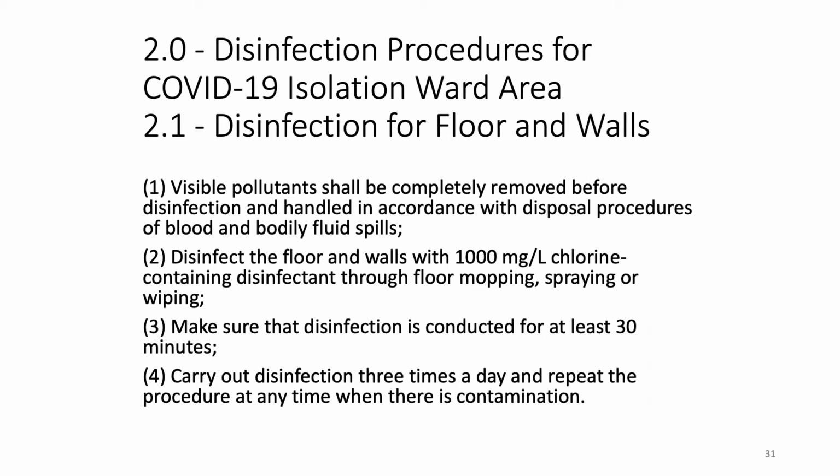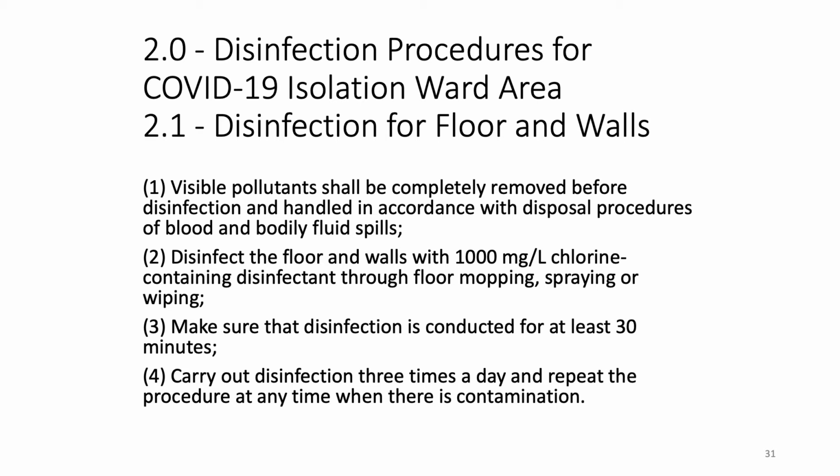We now come on to 2.0 disinfection procedures for COVID-19 isolation ward areas. 2.1 disinfection for floor and walls. 1. Visible pollutants shall be completely removed before disinfection and handled in accordance with disposable procedures of blood and bodily fluid spills. 2.